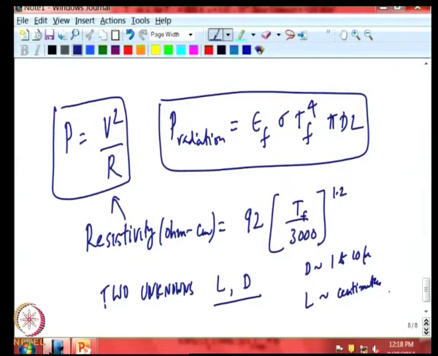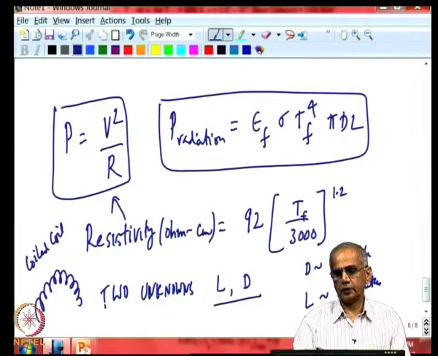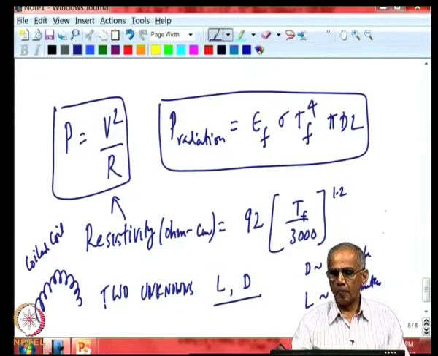So, in order to build this, you do what is known as a coiled coil. The thin filament is coiled many times to get the large length that is required within that small lamp.